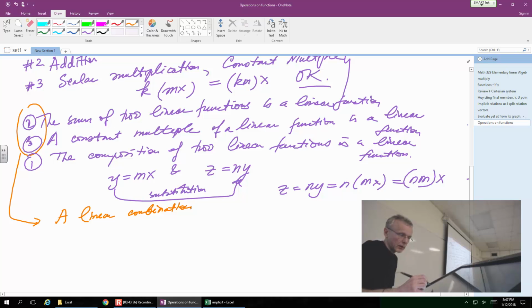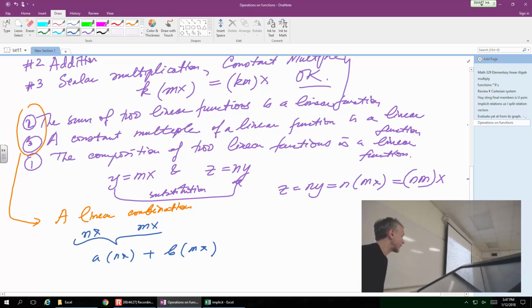If I have one function nx and the other one is mx, I can form a linear combination a nx plus b mx. So a linear combination has simultaneously constant multiplication and addition. So it's like two operations, two birds with one stone.